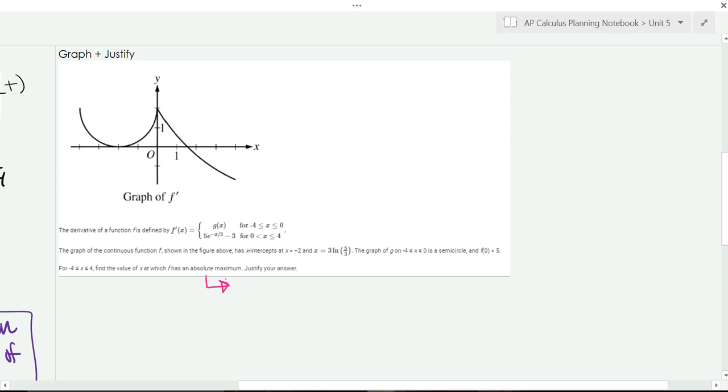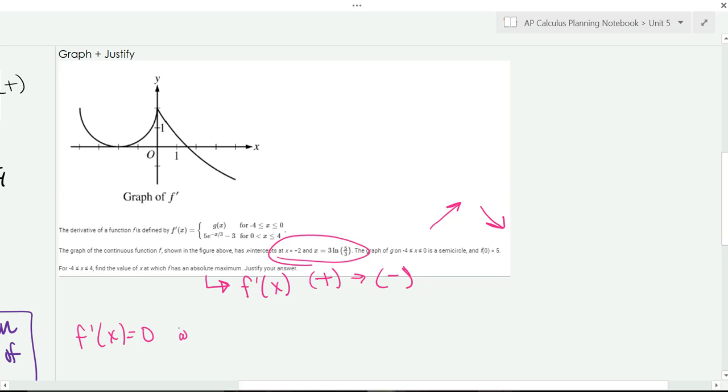Again, we know that that happens when f prime of x changes from positive to negative, right? And just to note that again, if we have positive slope, then negative slope, then a maximum is going to be occurring right around there where that slope is 0. So f prime, it looks like we have some intervals. f prime of x equals 0 at -2 and 3 natural log of 5/3.